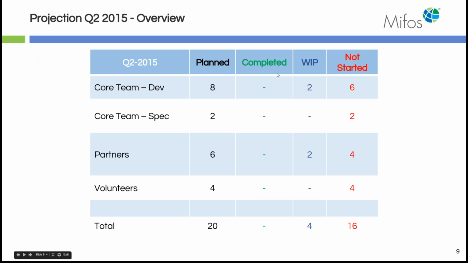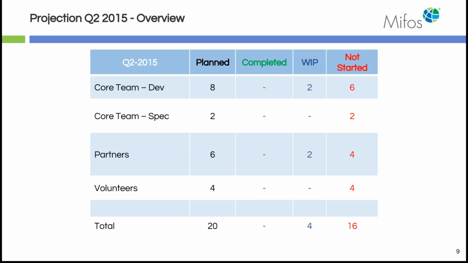Okay. So our planning for Q2 is the core development team will do 8 planned features, and they've already started working on 2 of them. The core team will also try to do 2 specifications.